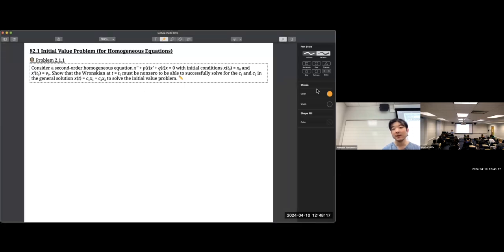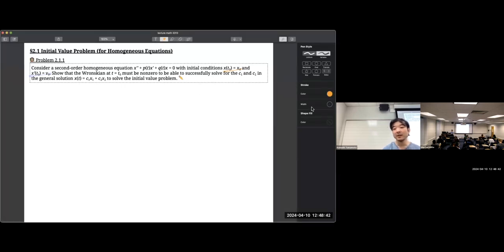I'll underline this initial condition here, and then you have this initial condition here on the derivative. And the question is saying, show that the Wronskian at the initial time must be non-zero to be able to successfully solve for the c1 and c2 for the general solution c1 x1 plus c2 x2 to solve the initial value problem.